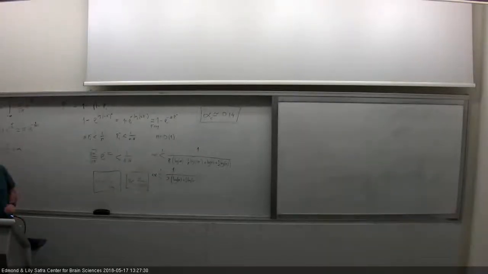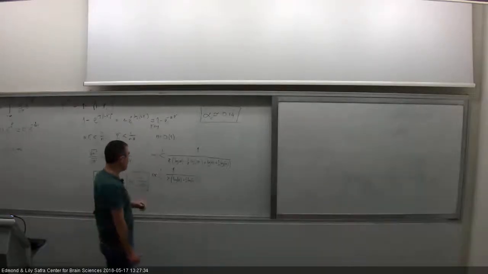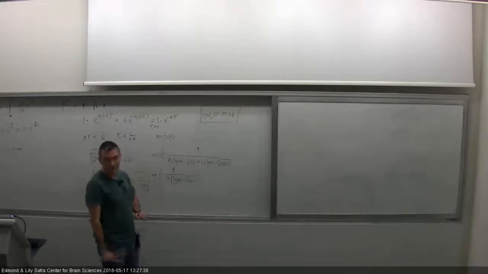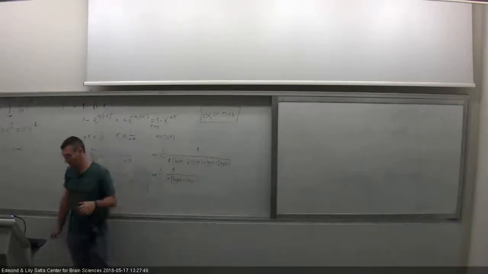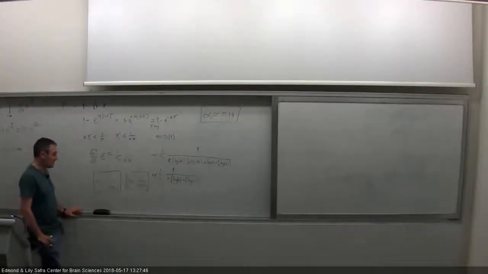And since the number of neurons in our brains is relatively large, at least relative to the number of memories that we think we have, this is an interesting framework for thinking about memory.